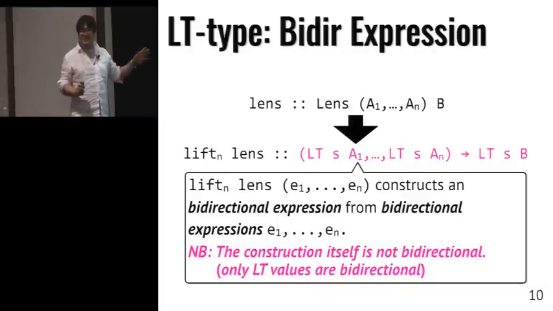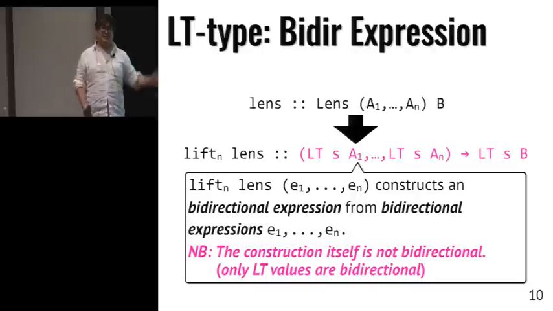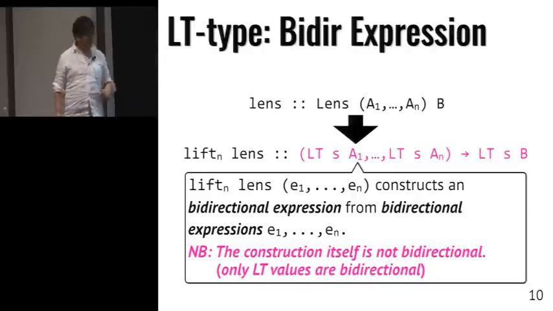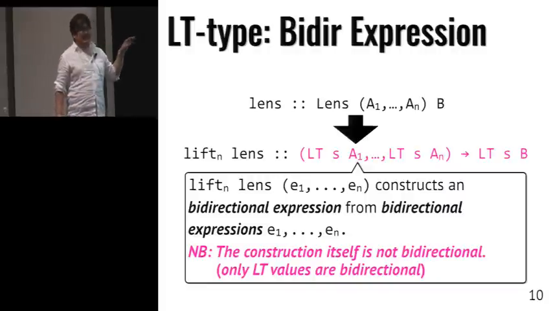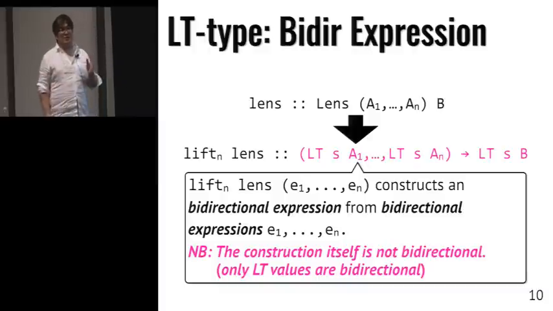This construction itself is not bidirectional, and the only bidirectional things in our framework are of LT type. But the lifted function constructs a bidirectional expression from bidirectional expressions, preserving some property. This is the key to guaranteeing well-behavedness in our framework.